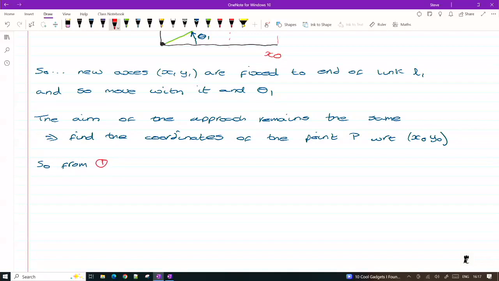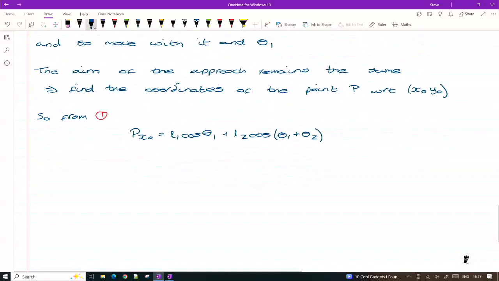So from equation 1 that we developed through the simple trig, what we're looking to do is simplify things and manipulate things using the rules of trigonometry.